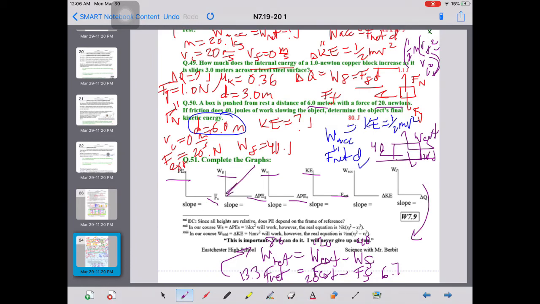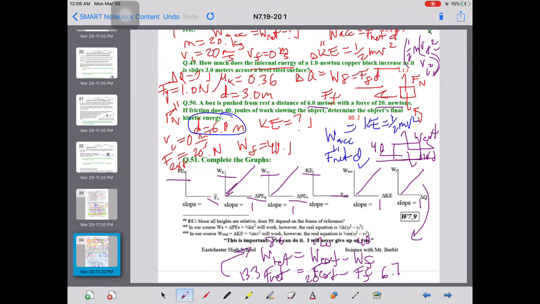The slope here, since they're literally the same thing, the slope is 1. It's an interesting one. WS, PES are literally the same thing. Slope is 1. W to accelerate and delta KE are the same thing. Slope is 1. WF and delta Q, same thing. Slope is 1.